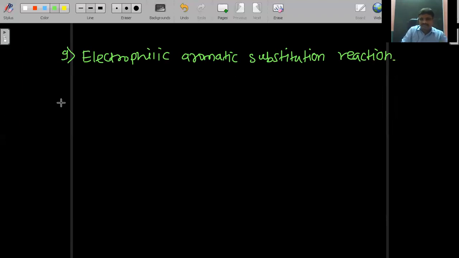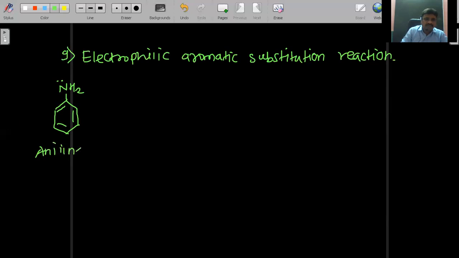So let us consider primary aromatic amine. So primary aromatic amine means benzene ring, and benzene ring means aromatic group, and to this aromatic benzene ring NH2 is attached. This nitrogen carries lone pair of electron. Okay, so name of this compound is aniline.